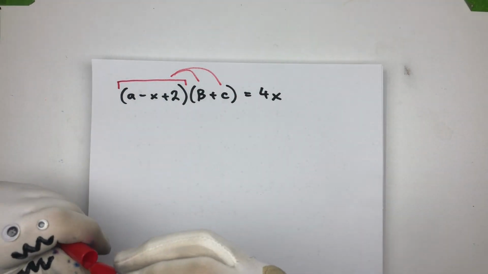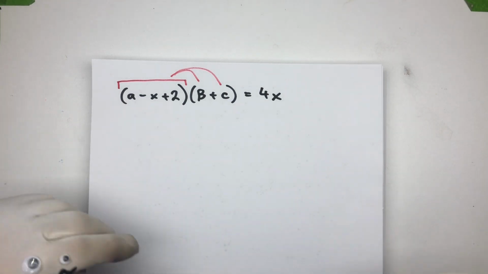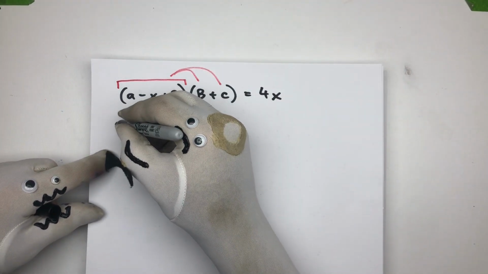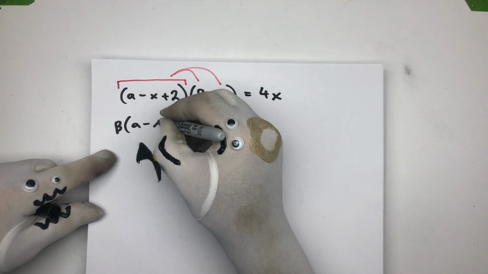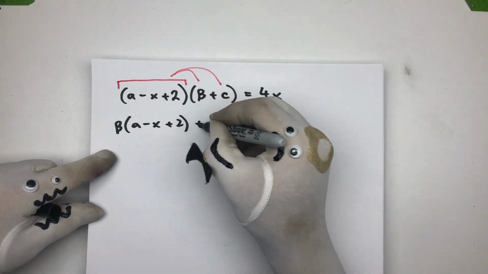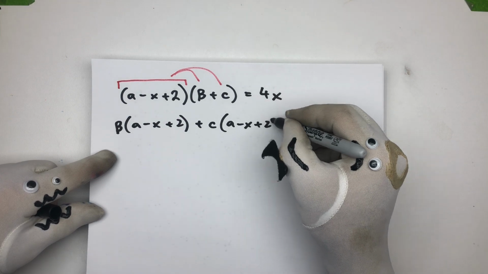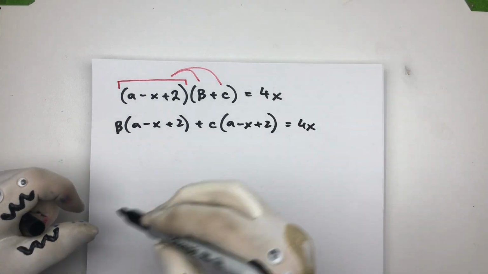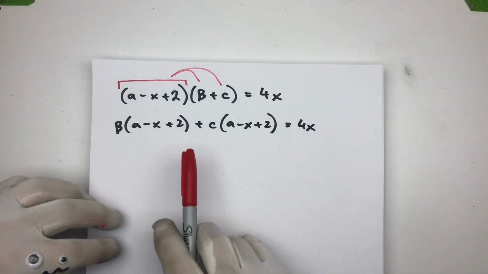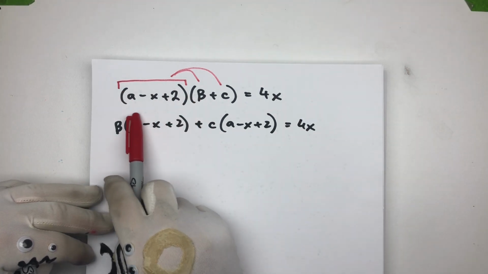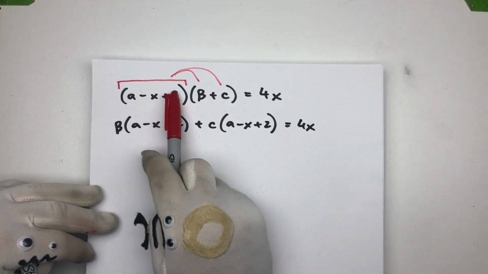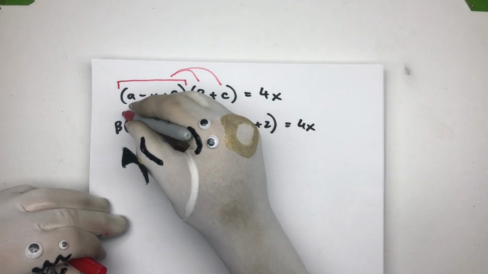You don't have to worry about any rules with this FOIL thing. I don't like FOIL, so we'll just expand that in there. So you're going to get beta times (a minus x plus 2) plus c times (a minus x plus 2), bracket close, equals 4x. And then we can expand this again. So that's all I did: b times this thing plus c times this thing. There it is. And now I expand this again.